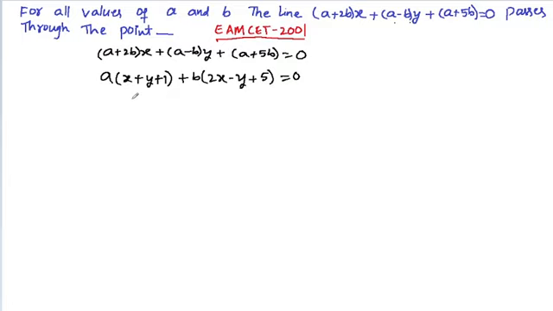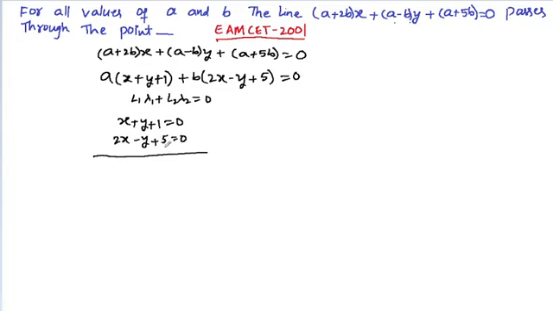This is in the form of L1 plus lambda L2 is equal to 0. So the first line L1 is equal to 0 is x plus y plus 1 is equal to 0, and the second line is 2x minus y plus 5 is equal to 0. Add these two equations, that is x plus 2x, that is 3x, plus y minus y cancel, plus 6 is equal to 0.